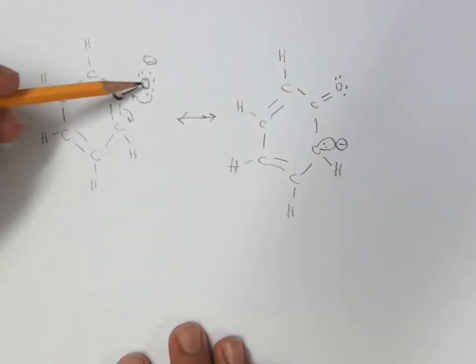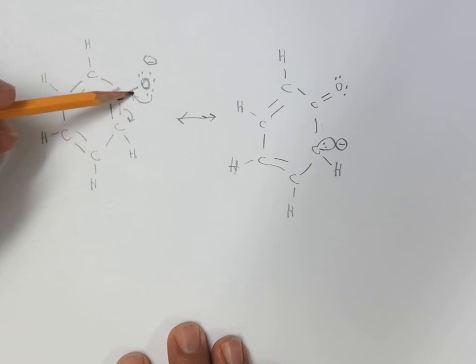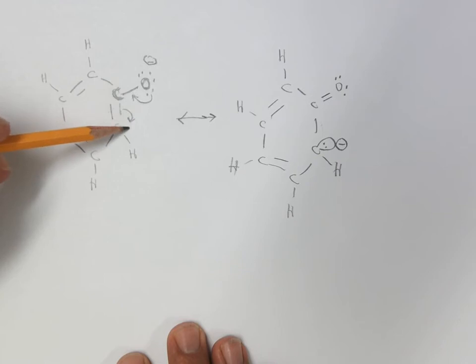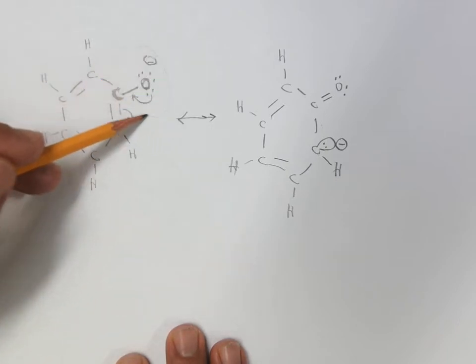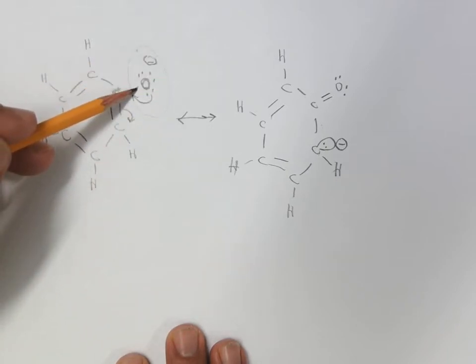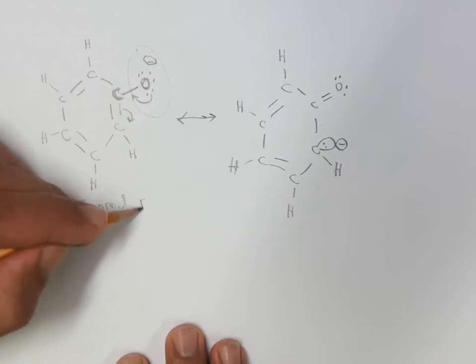So the negative charge that was on the oxygen, by moving a lone pair from the oxygen to make a multiple bond, and to move a multiple bond to be a lone pair on the carbon, we've now moved an electron pair onto the carbon. The electron pair on the more electronegative element means this is the favored resonance form. Right?